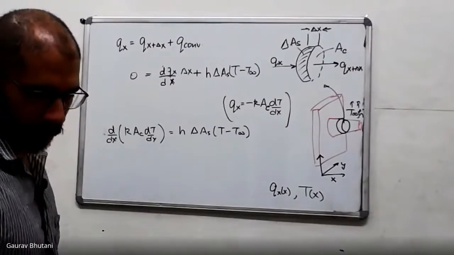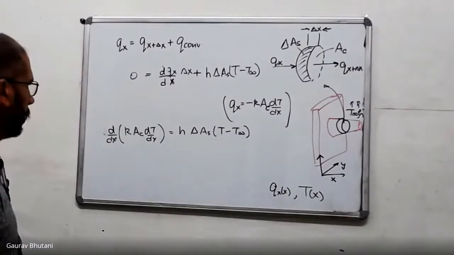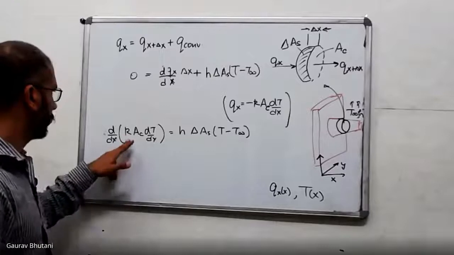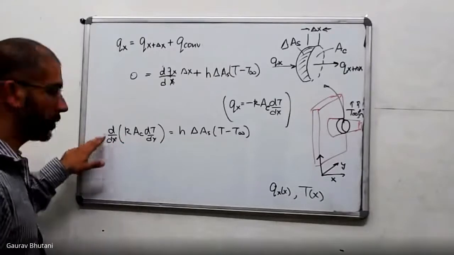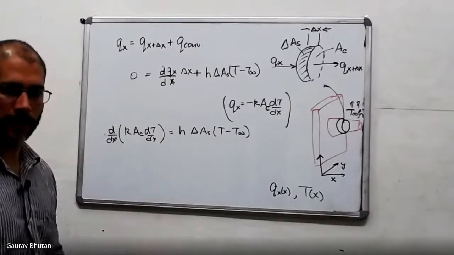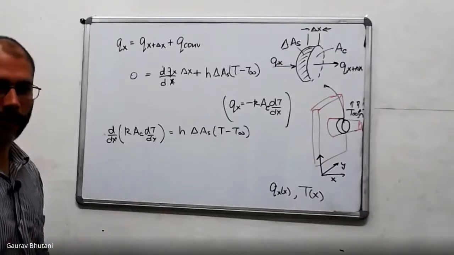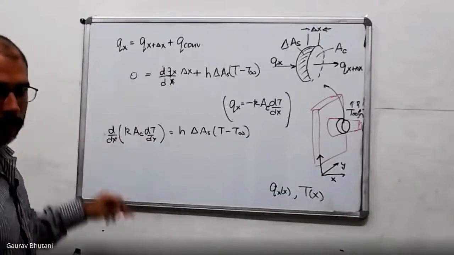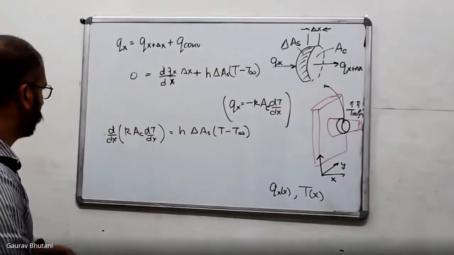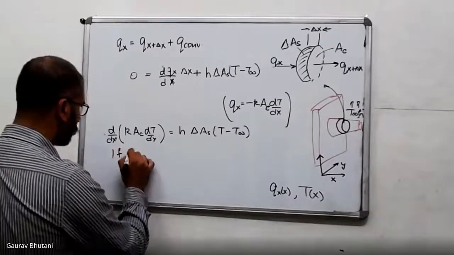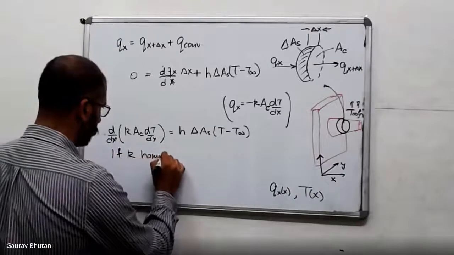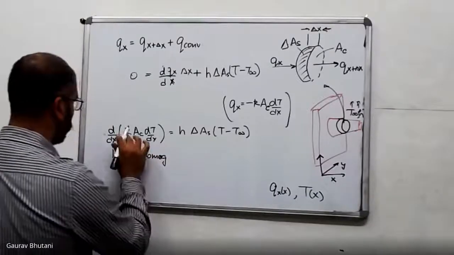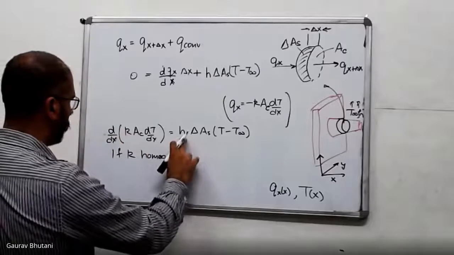Now let's make an assumption. Let's assume that K is homogeneous. Again, that may not be true, but for today's discussion I will assume that. If later you have to deal with a non-homogeneous K, then you have to go back to this step and start working again. So if K is homogeneous, then you can take the K out and this K gets divided here.